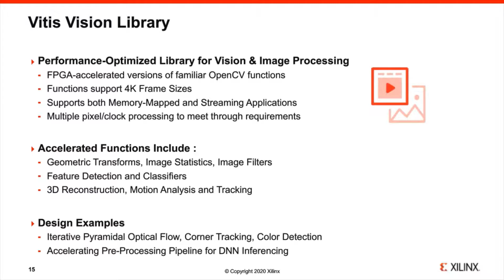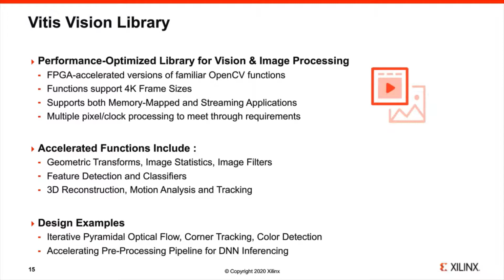The accelerated functions include geometric transforms, image statistics, feature detection and classifiers, and also motion analysis and tracking functions, including Kalman filters, stereo disparity, optical flow, and many others. Today we have over 80 optimized functions in this library, and this list continues to grow. View the complete list on GitHub.